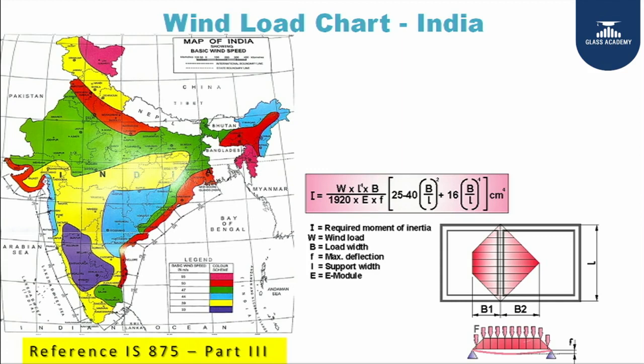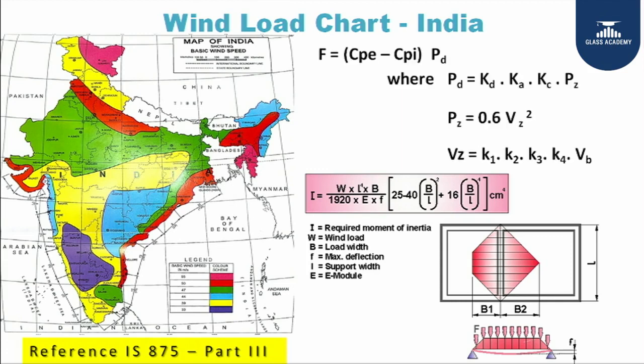There has been a recent change in 2015 where the wind loads have been revised, and a factor has been added called K, KB, KC, which is basically related to cyclone, area factors, and so on and so forth. Whatever you are seeing on this screen is a very simplistic form of IS 875, where you can work out the wind load in your city or building, which might be multi-story.